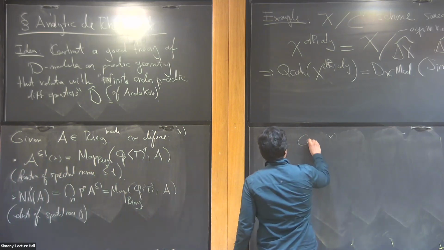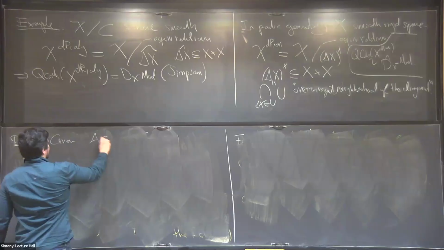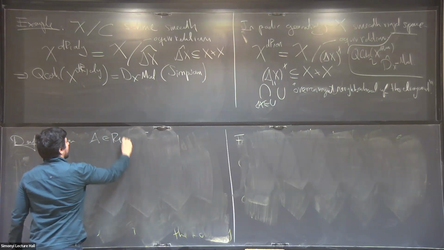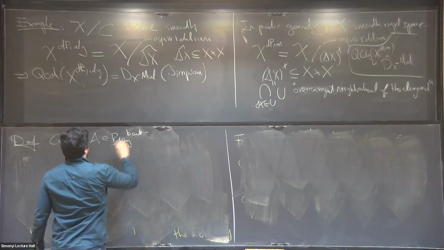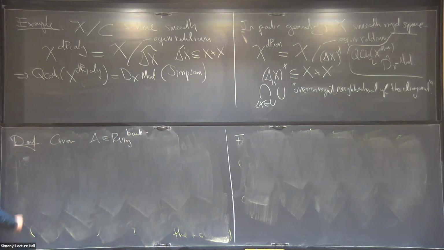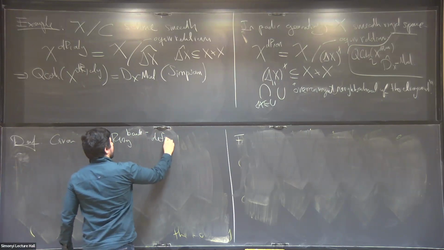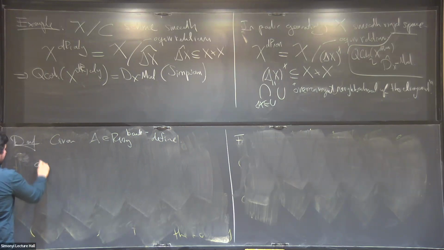Given some bounded algebra A, a colimit of Banach algebras, I can define the reduction of the algebra, which is given by killing the elements of norm zero.